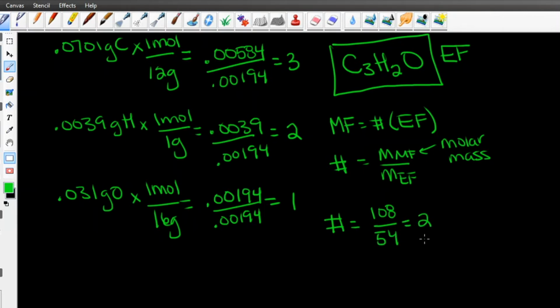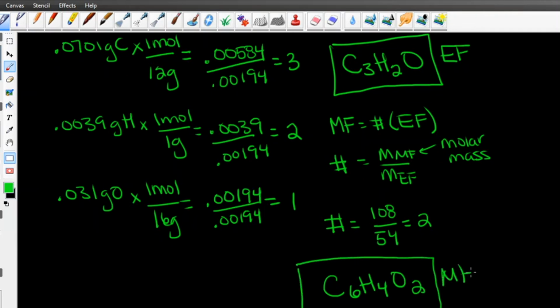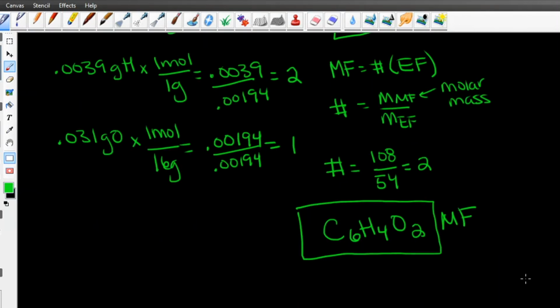That looks like a 2, which means my molecular formula of this compound is C6H4O2. Take that coefficient, multiply it through by 2, and the combustion analysis has given us both an empirical and a molecular formula. Good job, you guys.